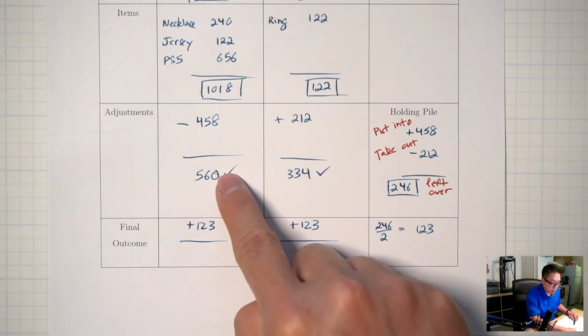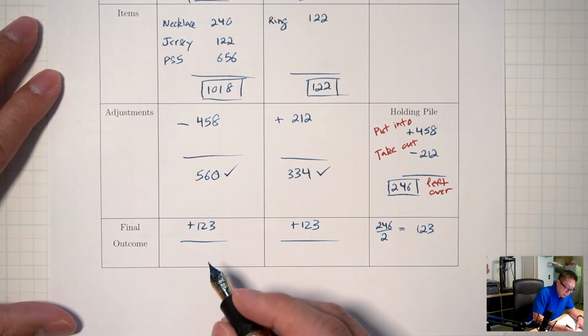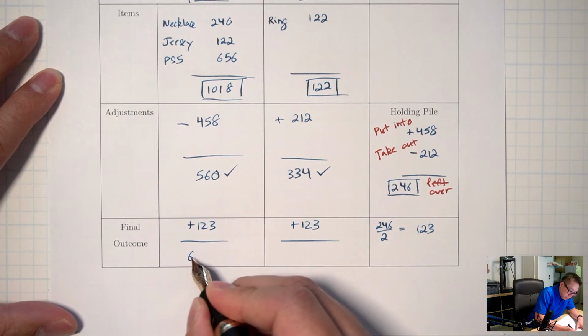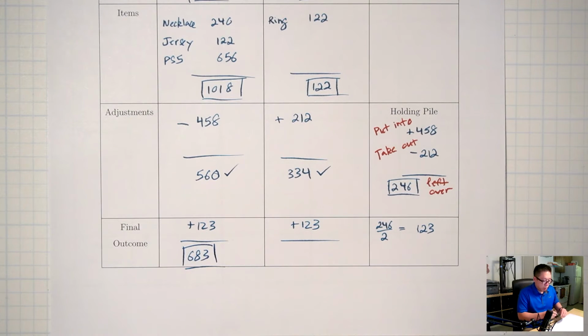So 560 plus 123 is 683 for Bart. And then Lisa, 334 plus 123 is 457.